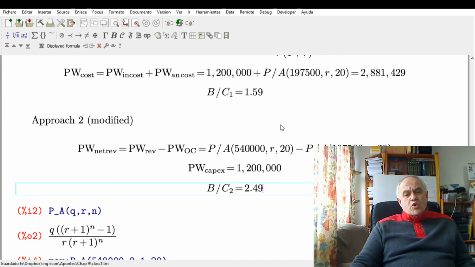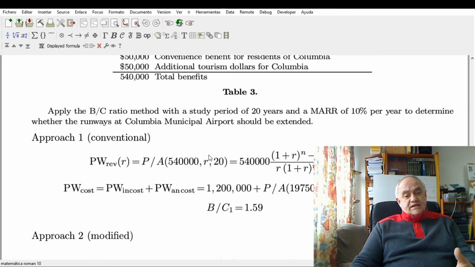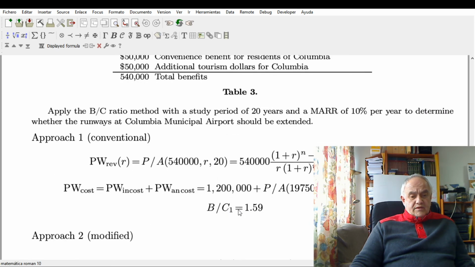The problem here is that what happens if we add another component, for example, a special investment, additional cost, that will reduce the operational cost. Okay, that's possible. Then, once we have this data already processed, we can consider that this is an extra cost, okay, in both cases, but the person who has used this approach will consider that this improvement implies savings in the operation. That means less operational cost.